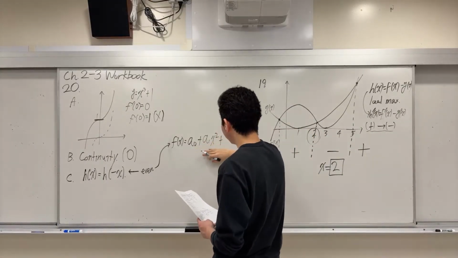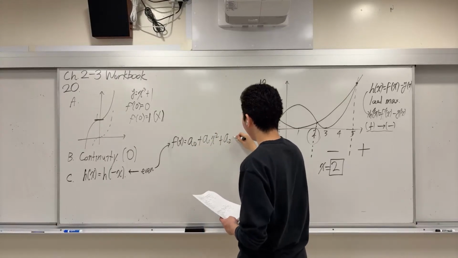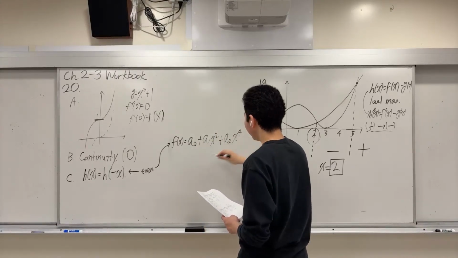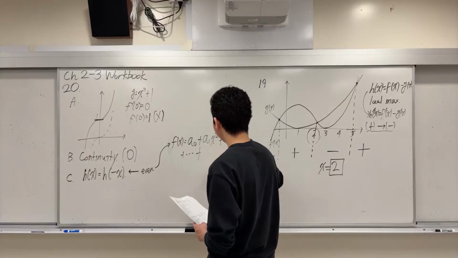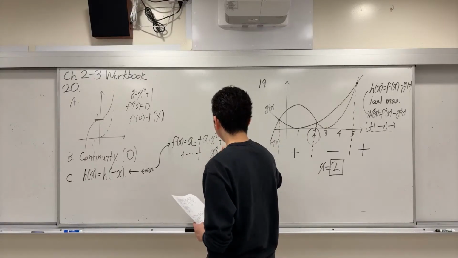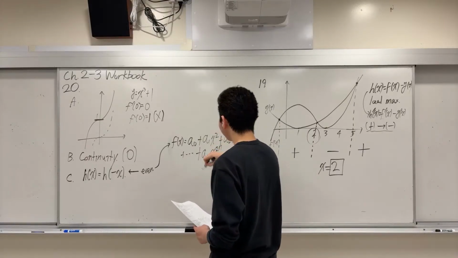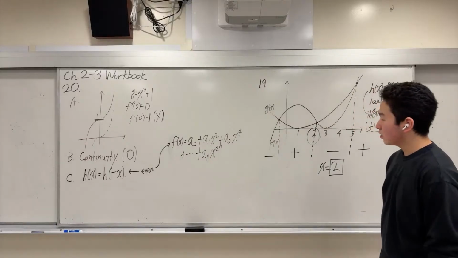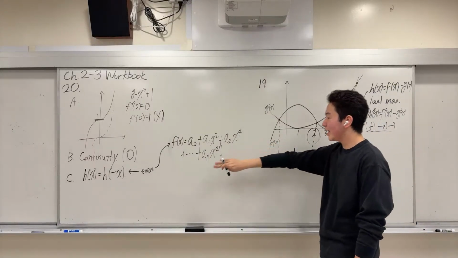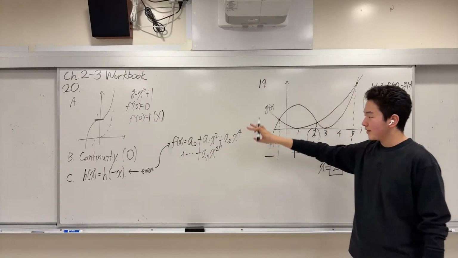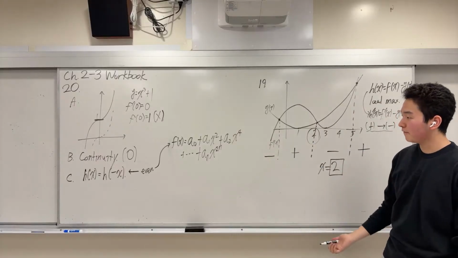So we have an x squared term, and then we might have an x to the power of 4 term. And we can have all these terms up to, let's say, x to the power of 2n, and then this will be your nth coefficient, like that. So this would be the template for an even polynomial function.